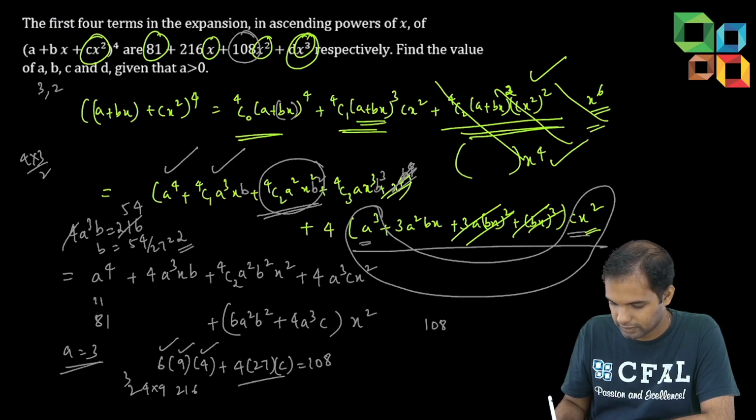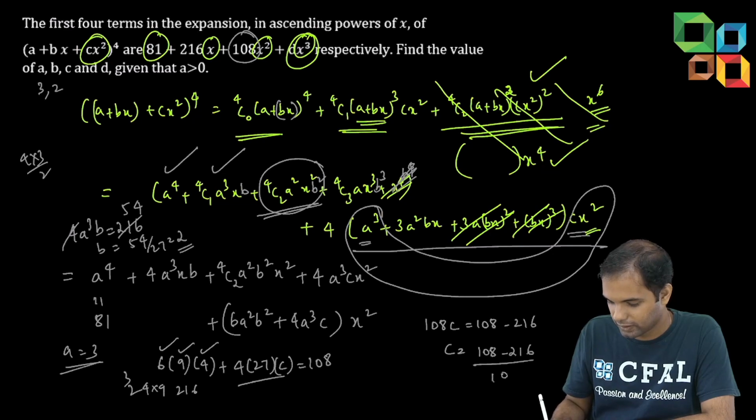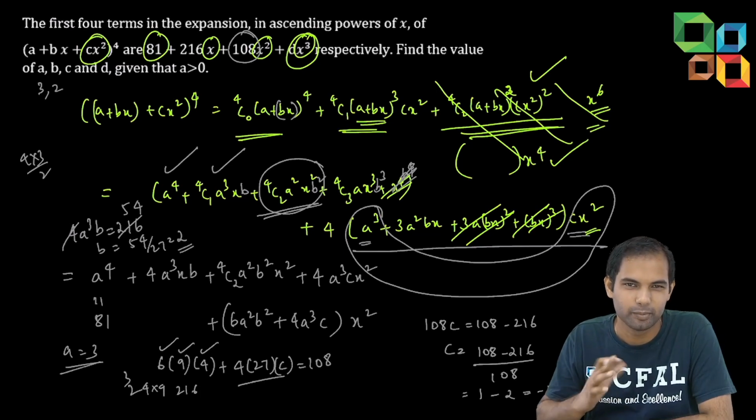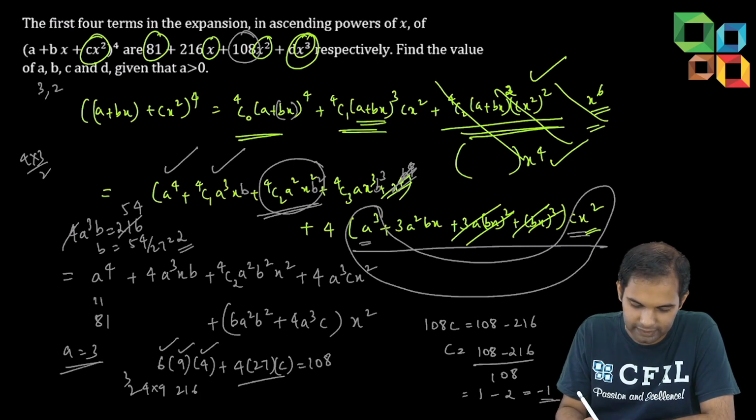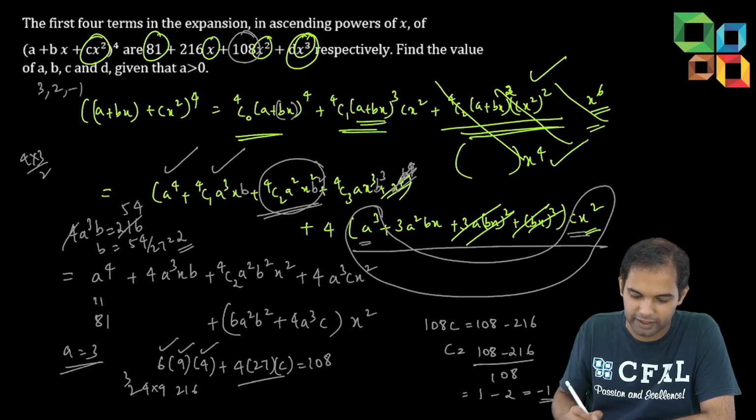So c is equal to 108 minus 216. If you want, you can actually divide by 108 here only. It will be much easier. So 108 ones are 108, 108 twos are 216. So it is nothing but minus 1. Or you can subtract and write it down, anyway you like. So c also we got is minus 1.